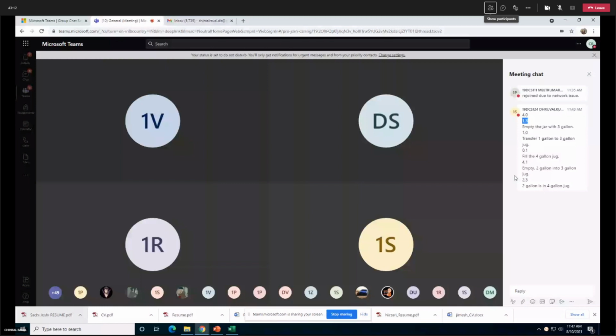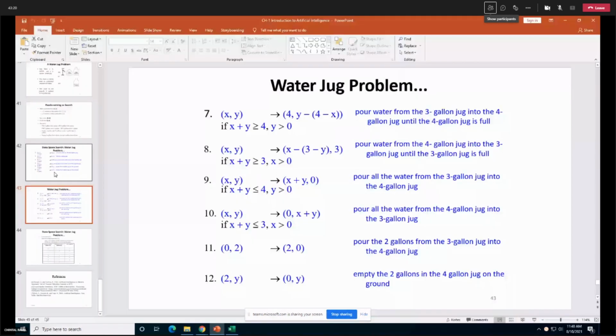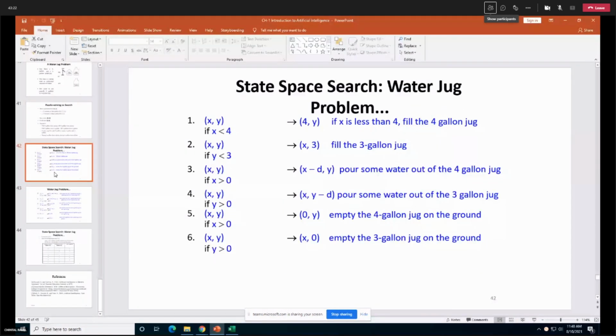What are the set of rules? We have just seen them. Whatever problem you have, it would be composed of a set of rules. The second component of the production system is the knowledge or database.